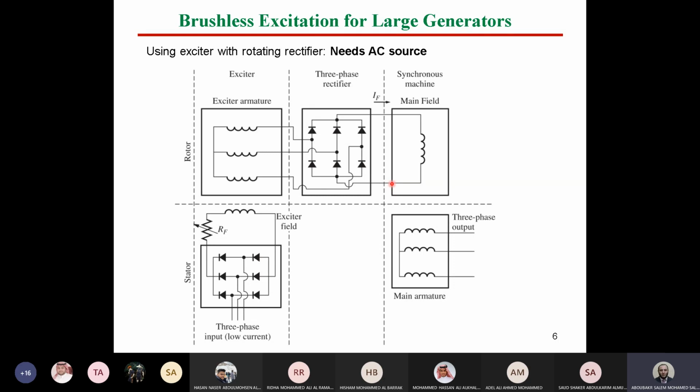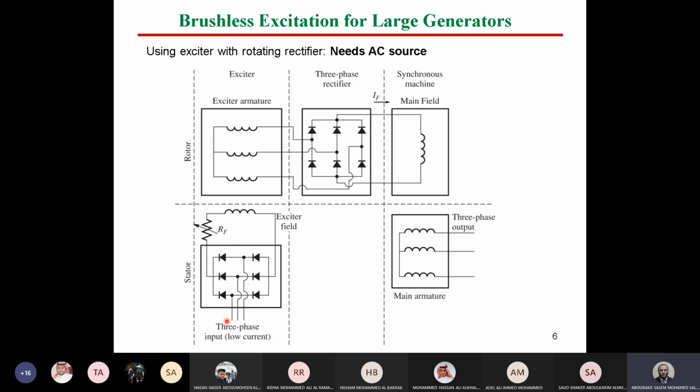This is the aim of brushless excitation. We have another machine, like a DC generator, and here we have a 3-phase rectifier, which is nothing but converting AC to DC.